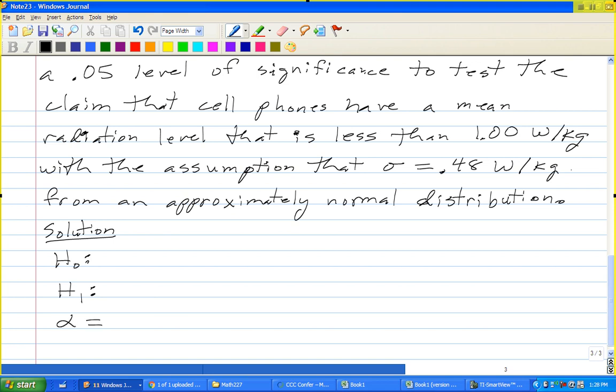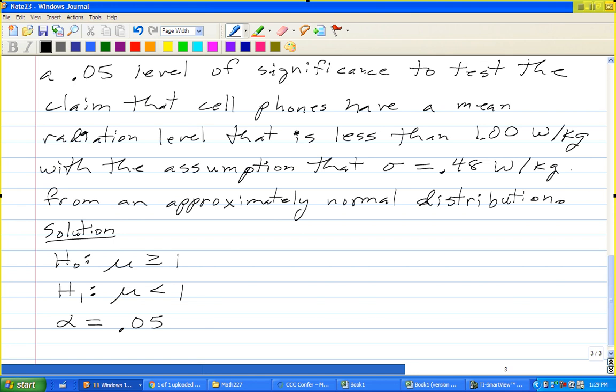Well, the level of significance is 0.05 because they tell you it's 0.05. The claim is that the mean is less than 1. Now, we put this in the alternative hypothesis because less than does not have an equal sign in it. The alternative hypothesis is that it's greater than or equal to 1.